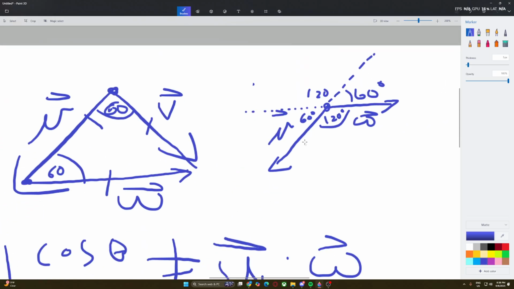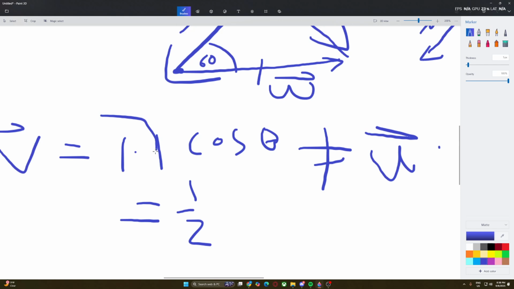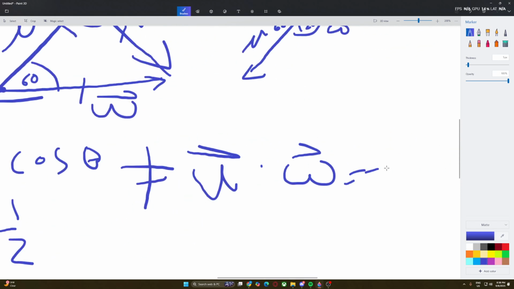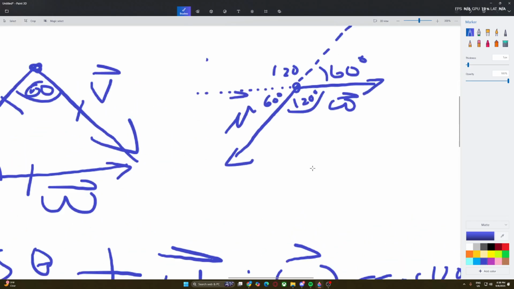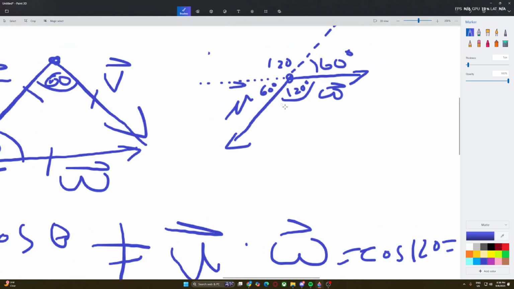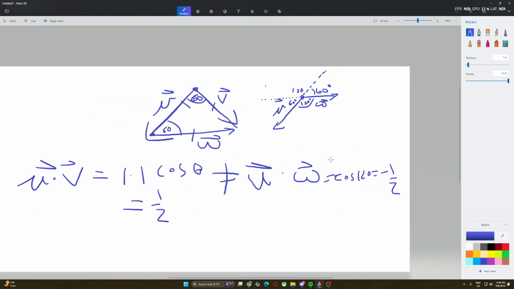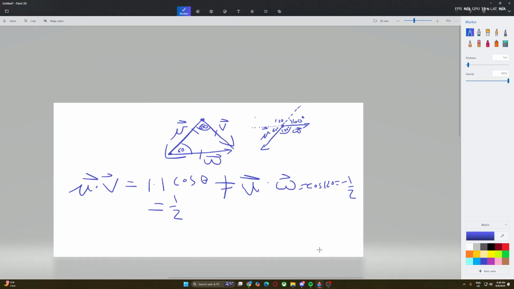So same numbers as last time, but this time it's cosine 120, which equals negative 1/2. That makes sense because they're not even pointing the same way, so it's negative. There you go.